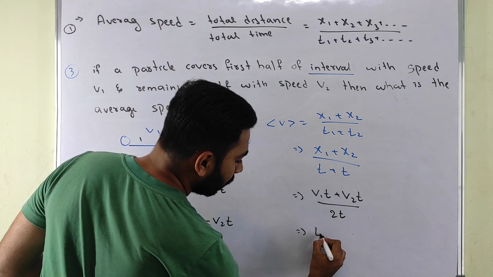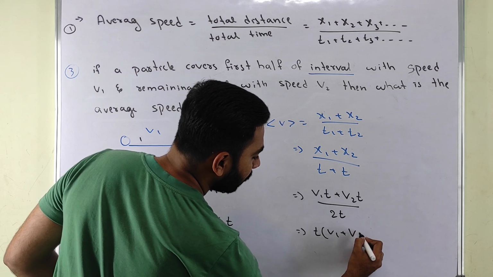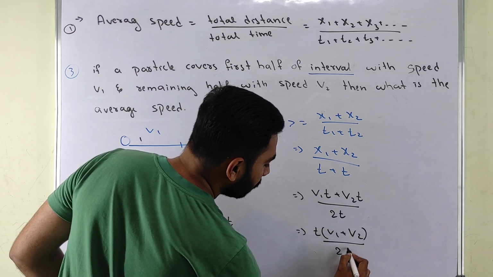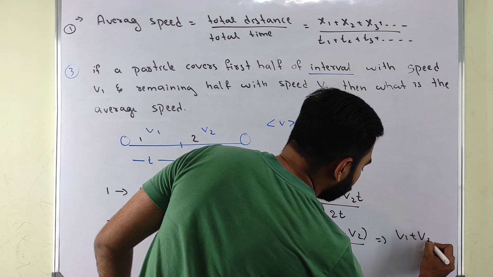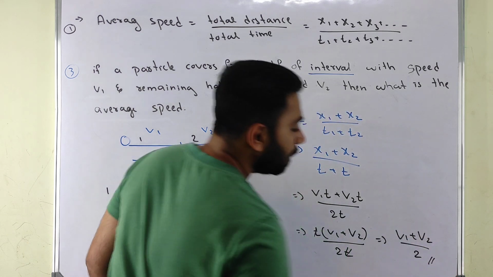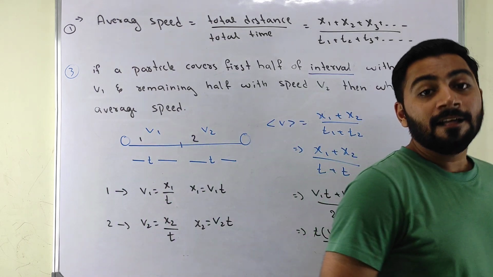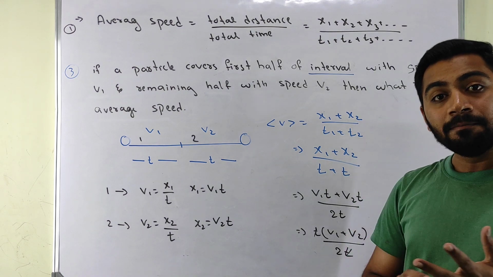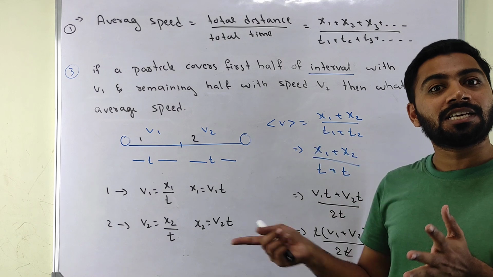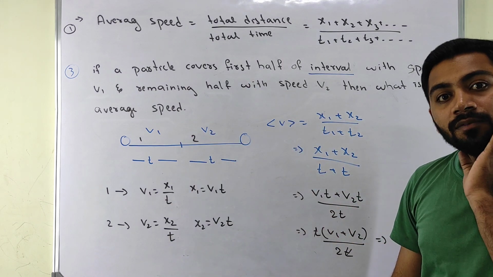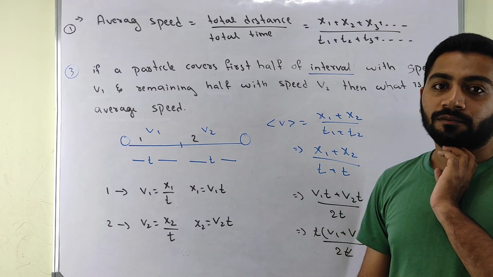Then t taken common, v1 plus v2 divided by 2t. Here t cancels, then finally I got v1 plus v2 divided by 2. It is my average velocity when they mention time and velocity. When they mention velocity and distance, that is the previous one, 2 v1 v2 divided by v1 plus v2.